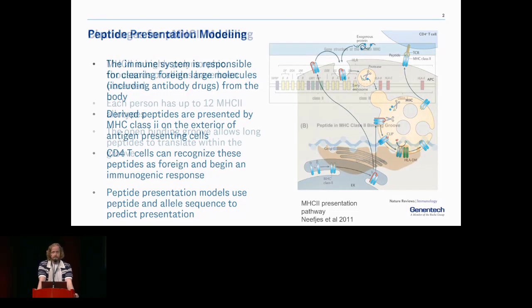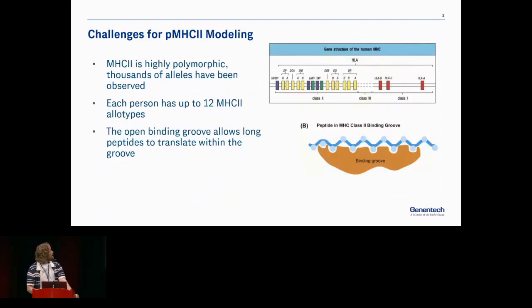So MHC class 2 has some tricky elements for modeling. It's a highly polymorphic protein, so thousands of these alleles have been identified. Each person can have up to 12 alleles, and our data set is highly multi-allelic. And then finally, there's this open binding groove that allows the peptide to translate within it.